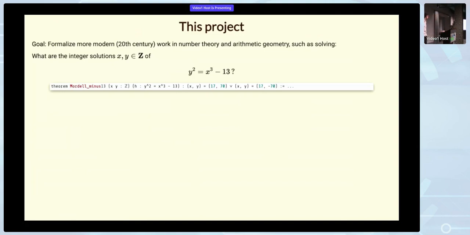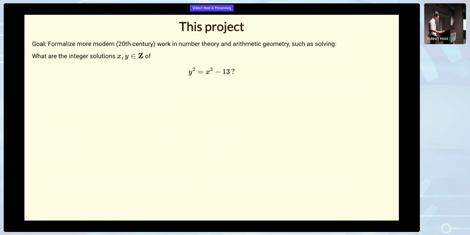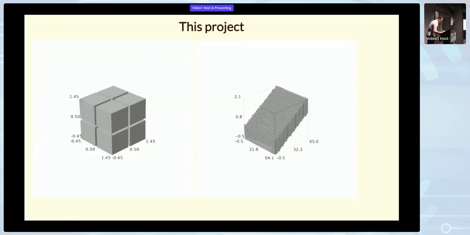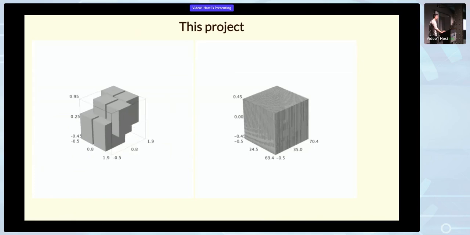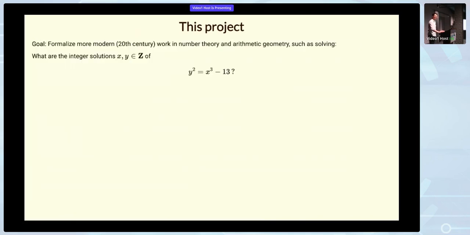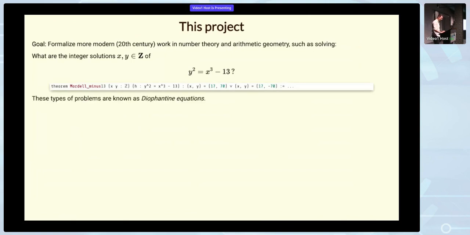And it turns out it does have solutions. There are two solutions. I don't know if you can read it, but the answer is that x has to be 17 and y has to be plus or minus 70. So on the previous slide, that was actually a 17 by 17 by 17 cube, which turned into a 70 by 70 square.